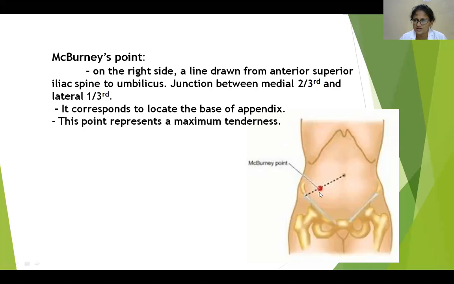In inflammation of the appendix, called appendicitis, when we feel the pain of the appendix, the maximum tenderness occurs in the right iliac fossa, at the junction between the medial two-thirds and lateral one-third of the line between the anterior superior iliac spine and the umbilicus. This is the site where we feel McBurney's point, where you should feel the tenderness during appendicitis.